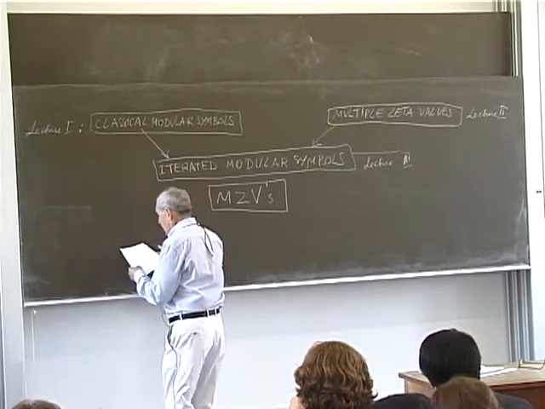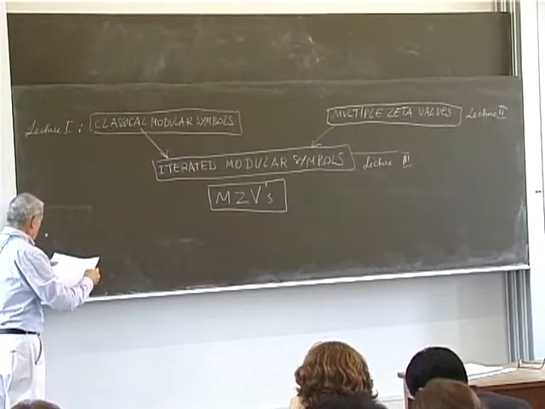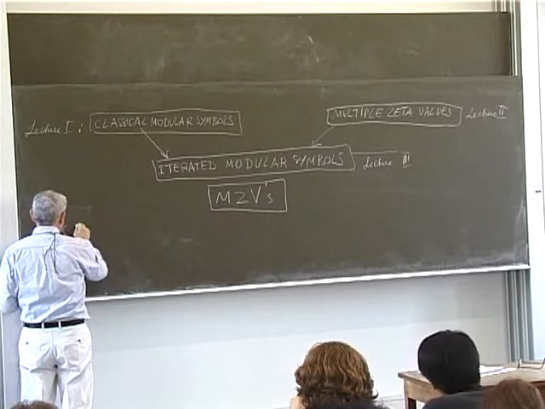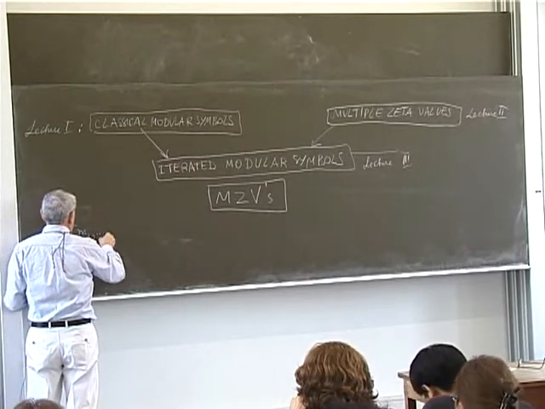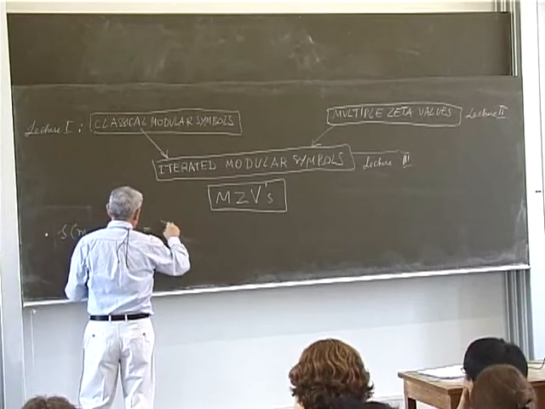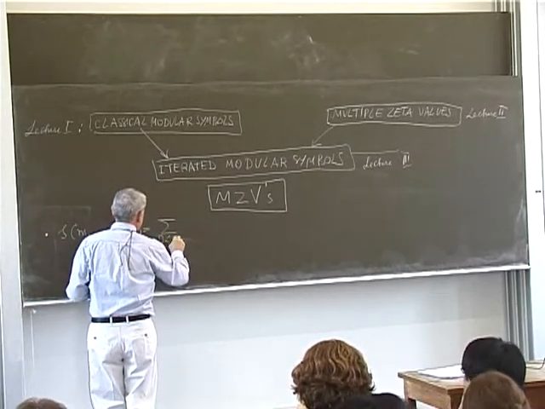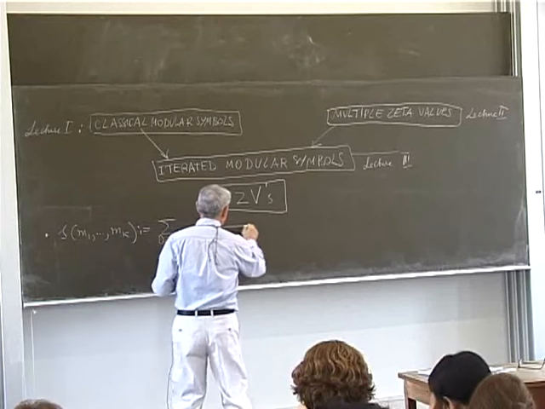What is this? The basic definition is this. It is an infinite series, a family of numbers which are denoted this way and defined in this way.